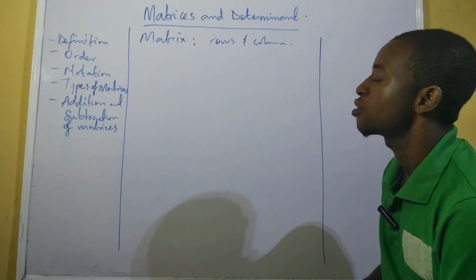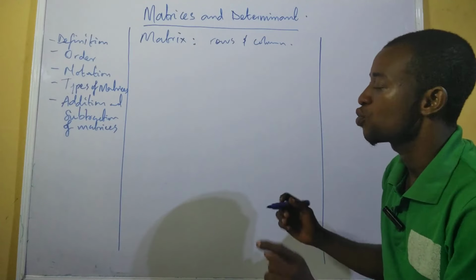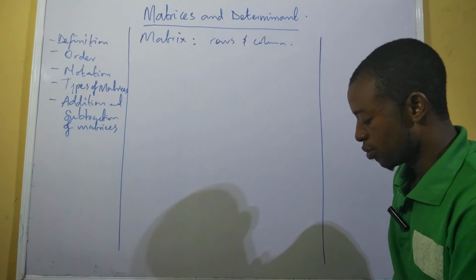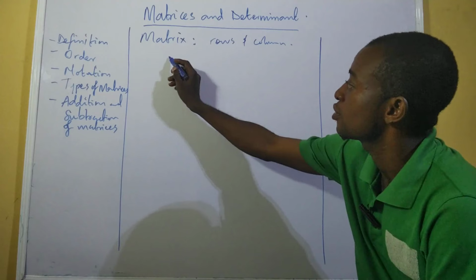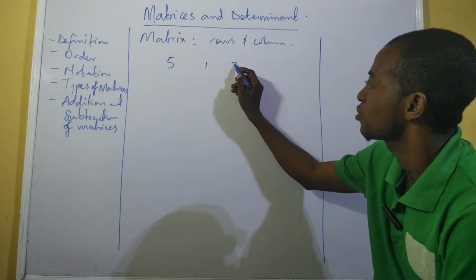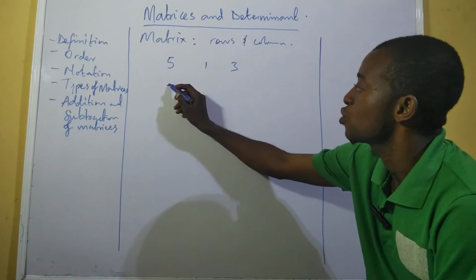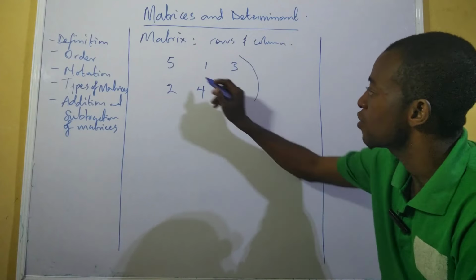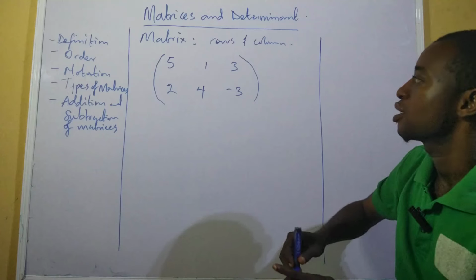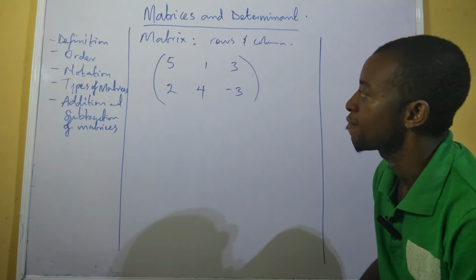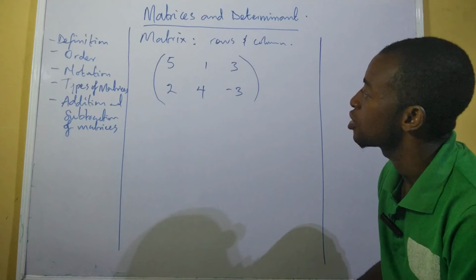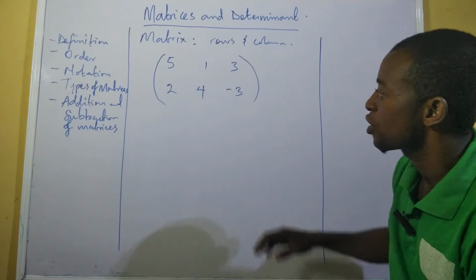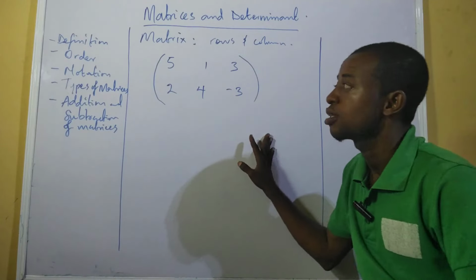For instance, let's look at an example here and say we have 5 1 3, 2 4 minus 3. So we have these numbers arranged in rows and columns, enclosed within a large bracket. So we can call this a matrix.